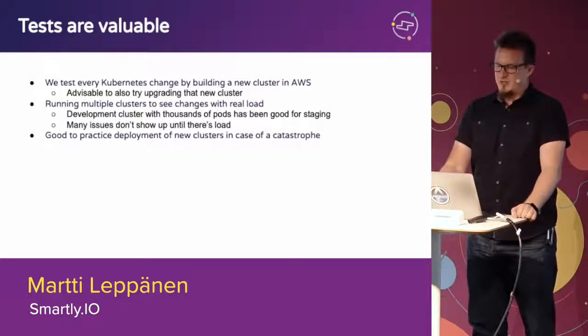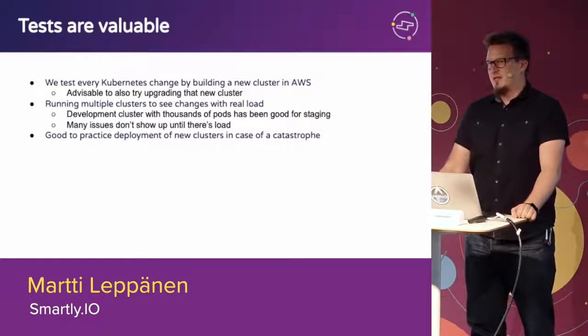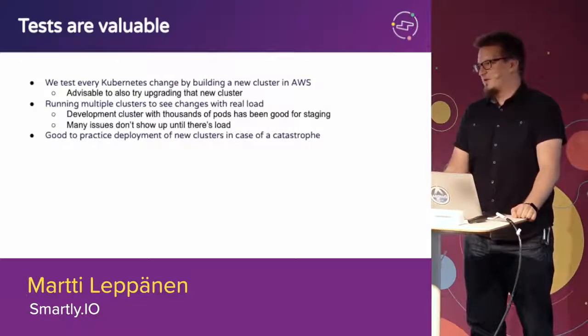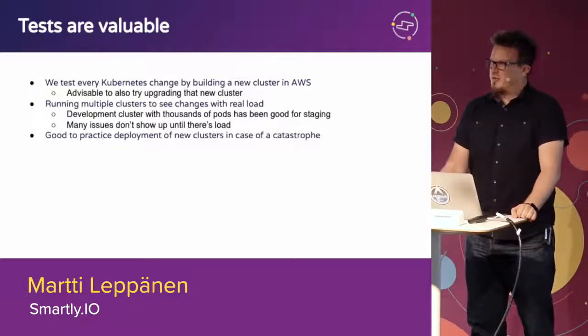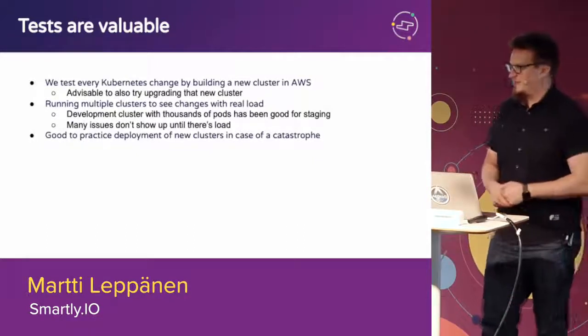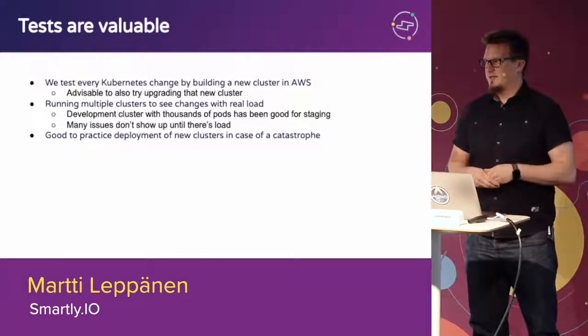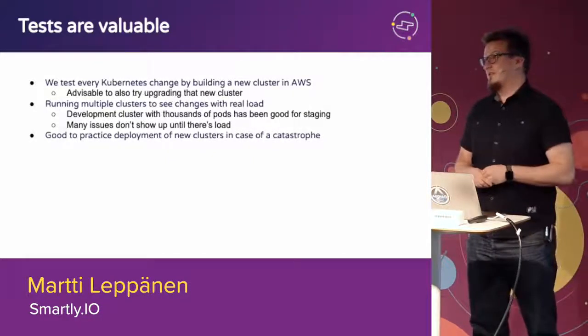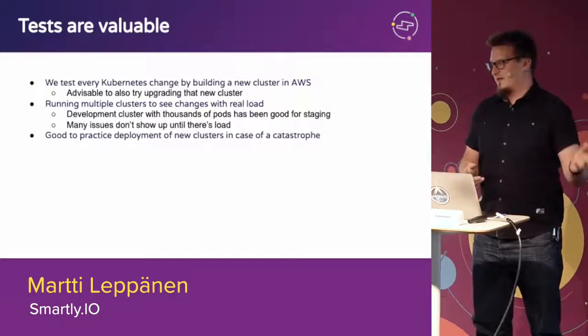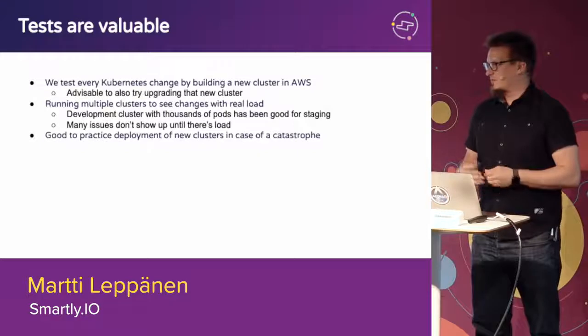Every single change we do to our configuration as code type system, which brings up our Kubernetes cluster, we test it first by creating an AWS cluster, installing it the same way we would do with hardware, testing that it works, putting up a pod there, testing that everything is okay, and only then do we actually start thinking about deploying it into either our development cluster or production cluster or so on.